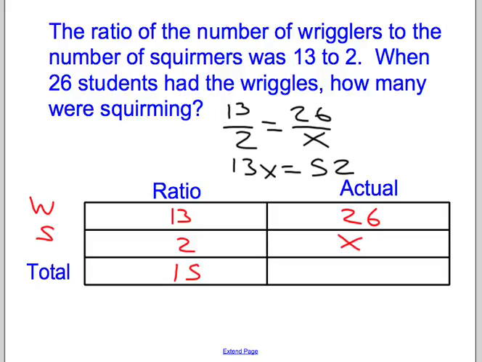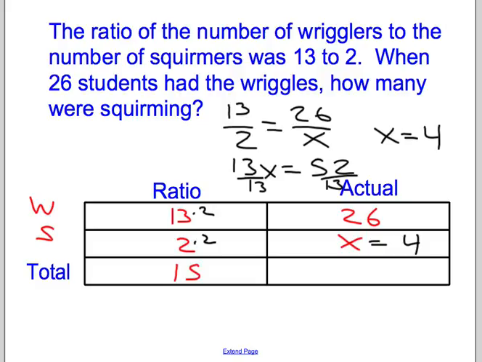Then divide by 13. X equals 4. The shortcut to this would be if you recognize 13 times 2 gives you 26. So we need to take the 2 times 2, which would be 4. Either way, you get the value of 4.